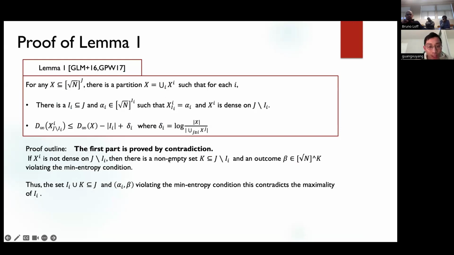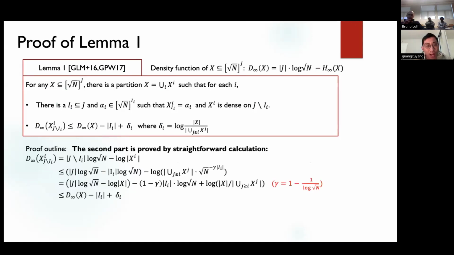Every time, if Xi is not dense, there must exist a K such that the outcome will also violate the mean entropy condition. So I union K also violates the mean entropy condition. This contradicts the maximality of Xi, since every time we pick the maximal subset.